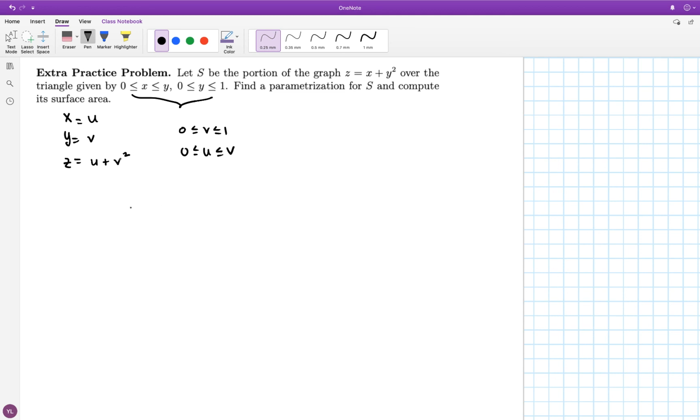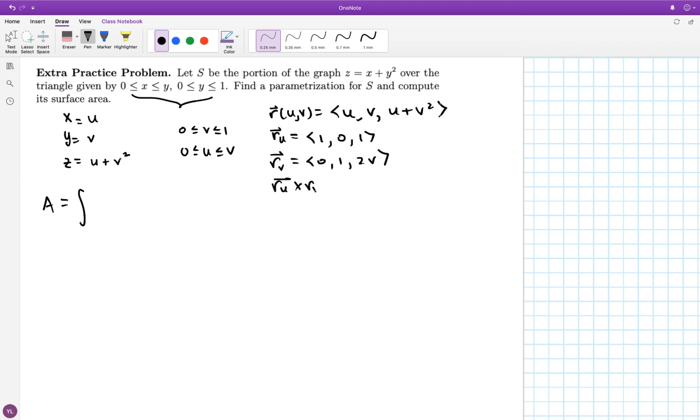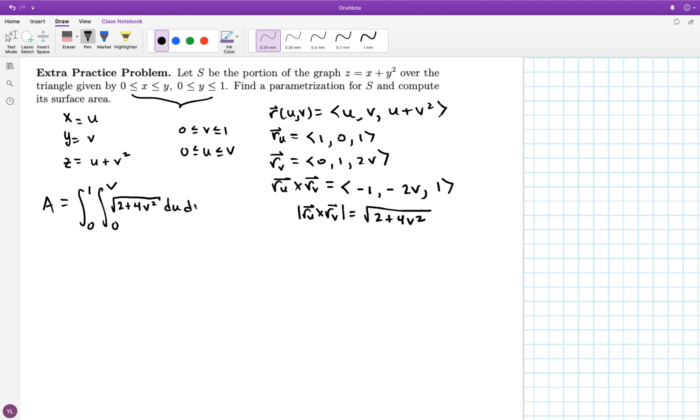And then I set up my double integral for the surface area. Oh, I better write out my parameterization and its partial derivatives, right? Okay, so here we have our double integral representing the area that's asked about. The region was set up as sort of like a type 2 region, and that was nice.